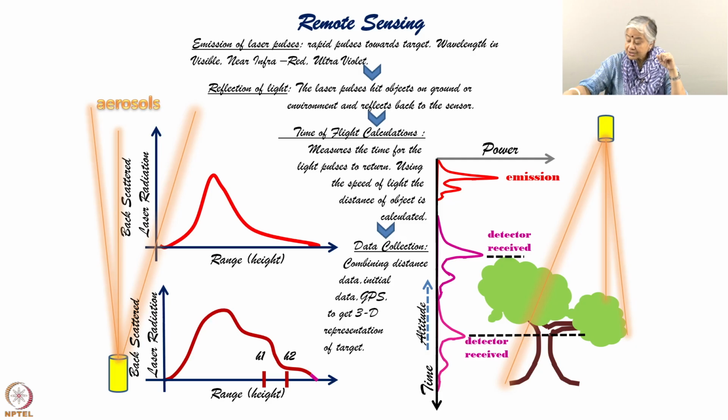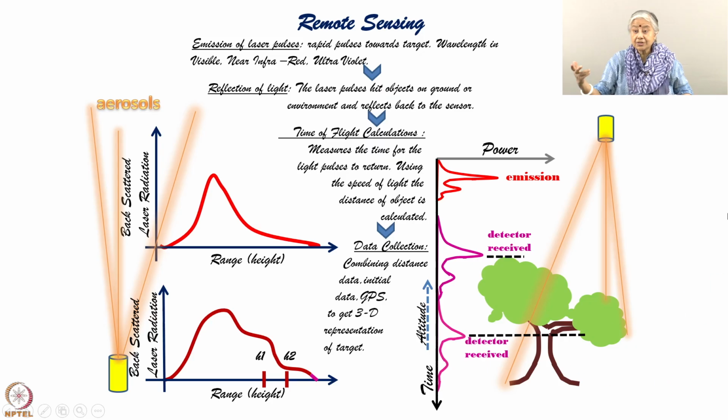And such things, this has become very popular in archaeology, because you can map the terrain. Suppose you choose your wavelength such that the laser can penetrate the leaves and the vegetation and all that, and goes below, and it reflects back from the rocks or whatever, some stone building or something like that.